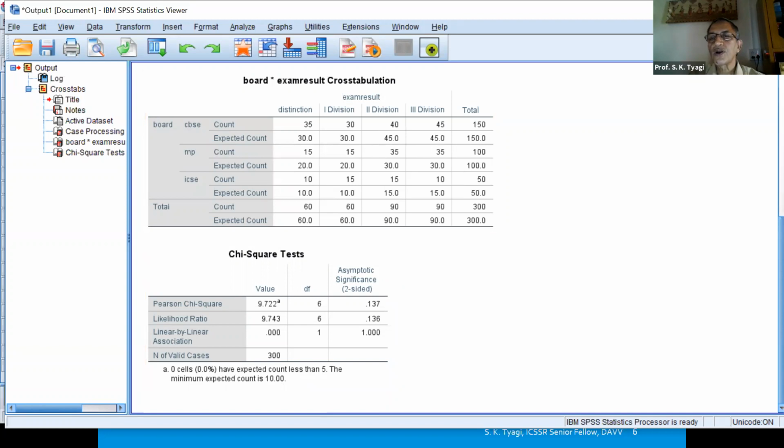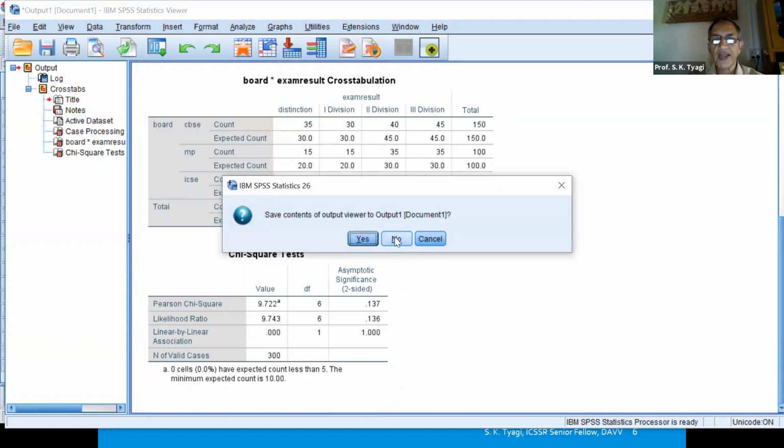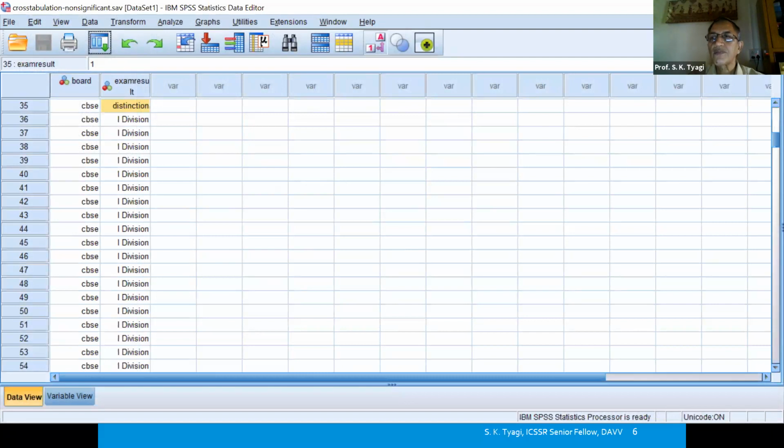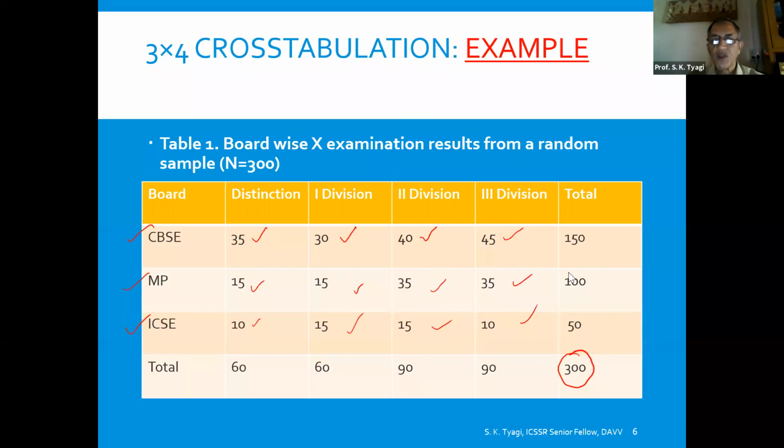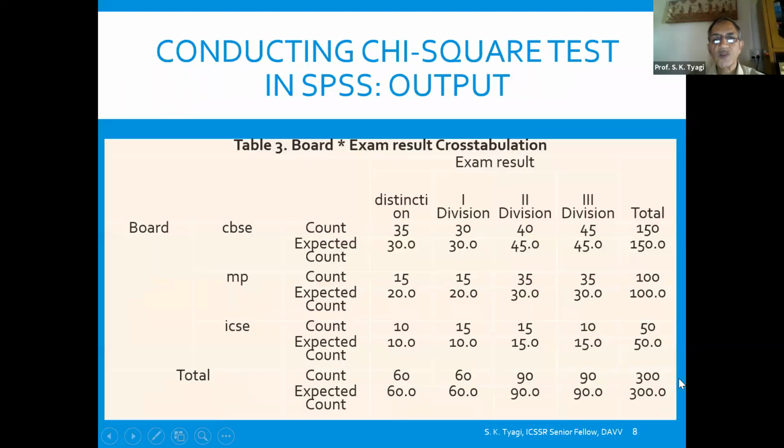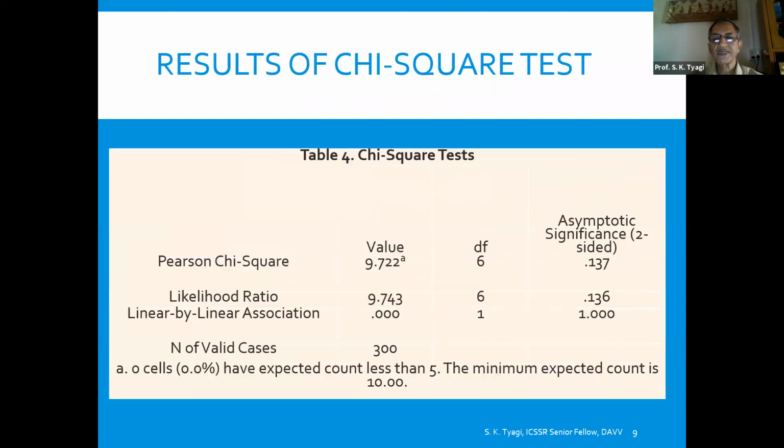Now, all this has been taken to the slides. We come to the slide. Yes, this is our output, which you just now saw, and this is the result of the chi-square test. The chi-square value is 9.722, degree of freedom is 6, and two-tailed significance is 0.137.